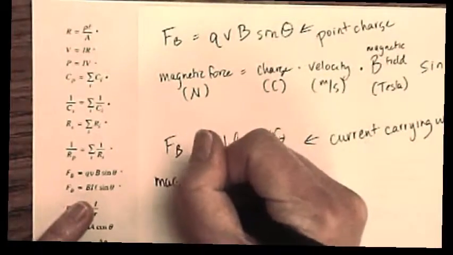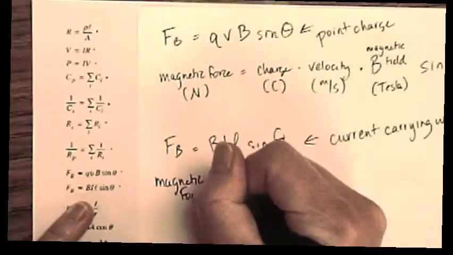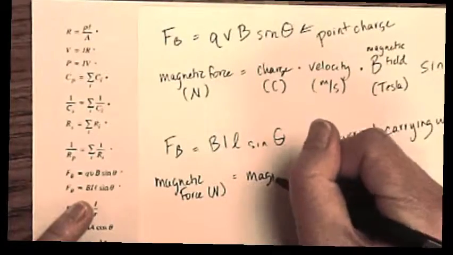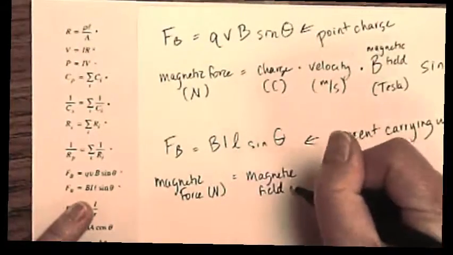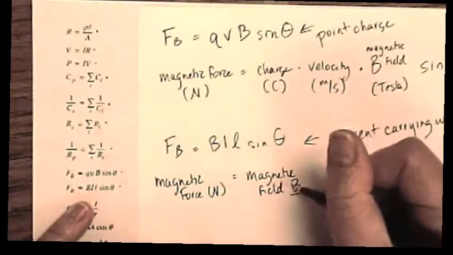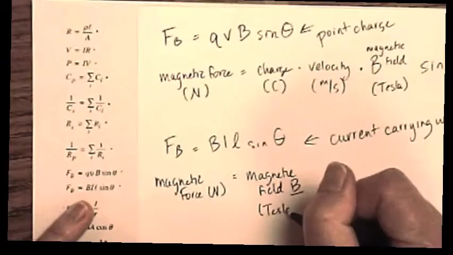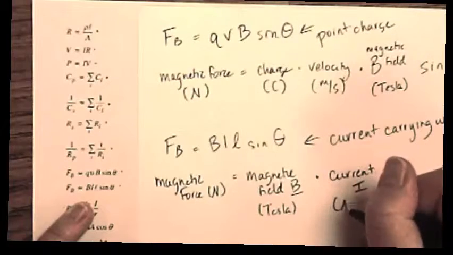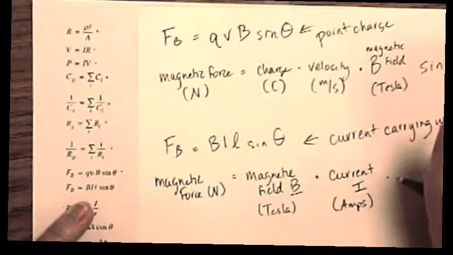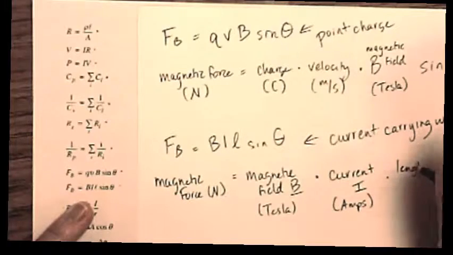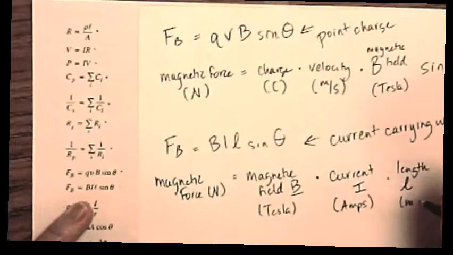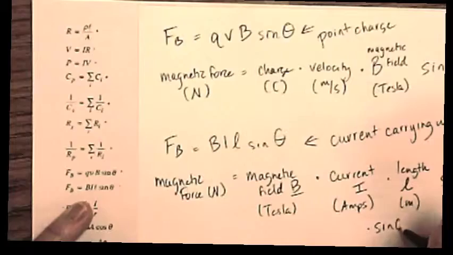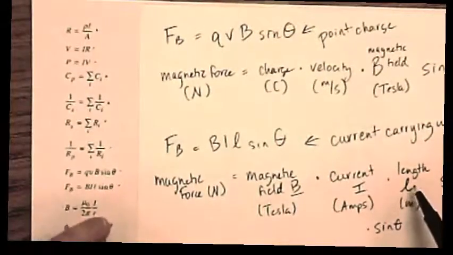So what we have here is that the magnetic force in newtons is equal to the magnetic field, that's B, the unit again is Tesla, times the current, I, in amps, times the length of the wire, that's cursive L, in meters, and then times the sine of the angle between the magnetic field and the length of the wire.